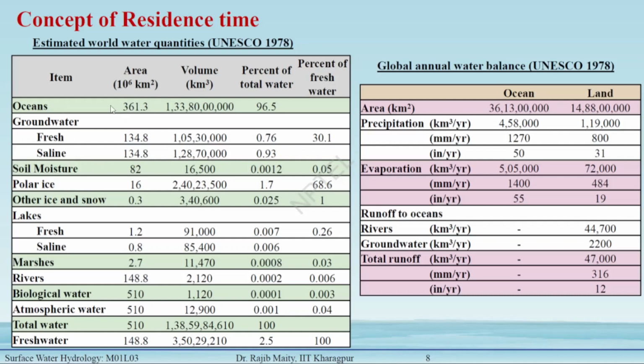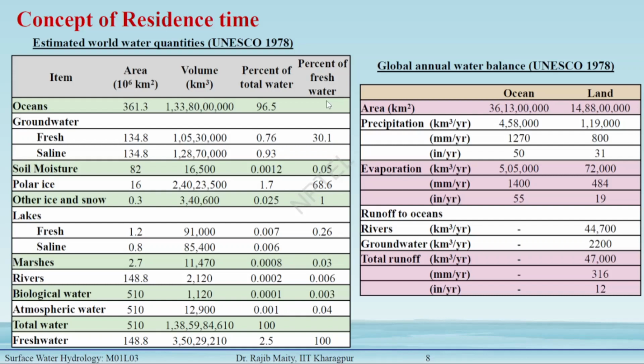Here we show the area covered by all these sources of water on earth. Then we also list the volume of each of these items. Then we show the percentage of total water, that is, how much each contributes to the total water available on earth, and we also estimate the percentage of fresh water.